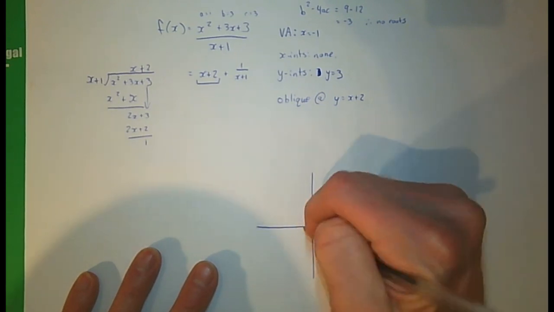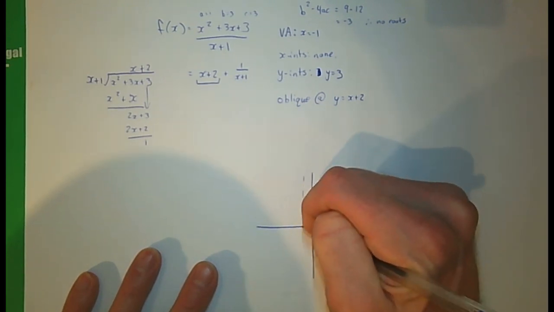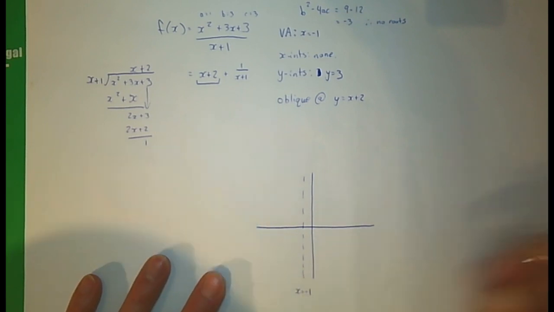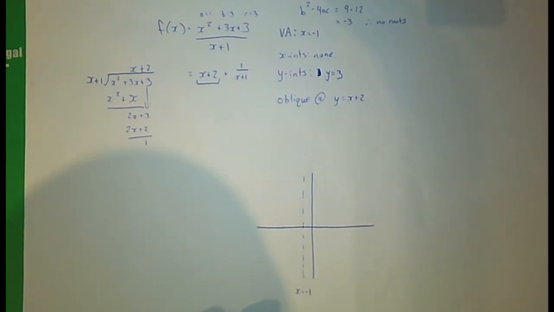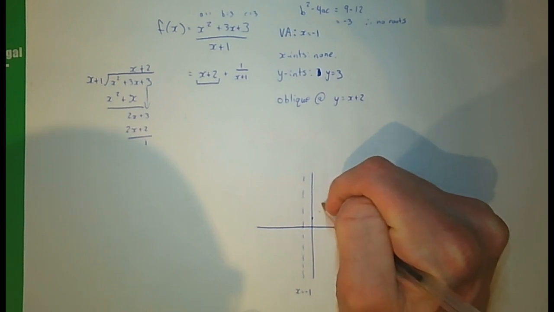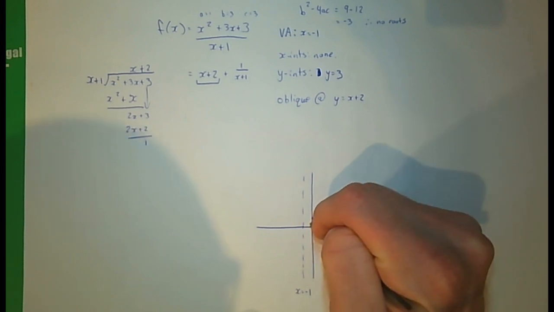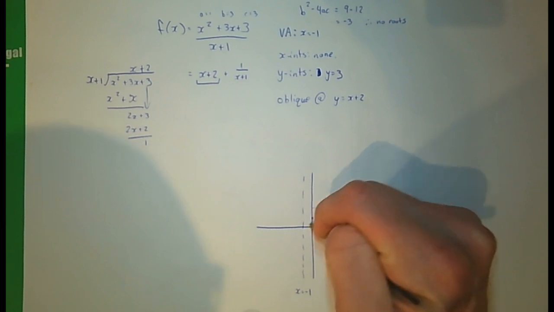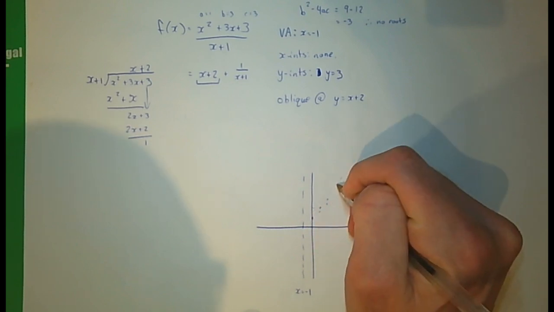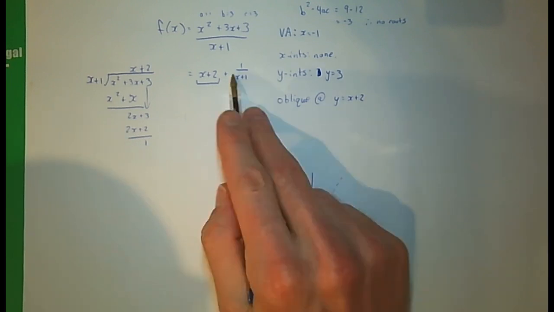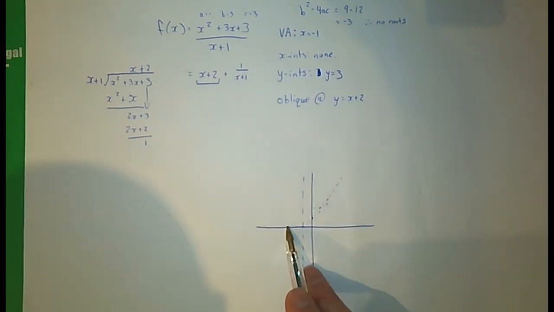So I have minus 1. It's my vertical asymptote, x equals minus 1. And then I'm going to plug in my oblique, so it's at positive 1, but I'm just doing an approximation here. This is not quite right. It should be kind of like that. And so this is my oblique asymptote. And where does my oblique actually touch the x-axis?